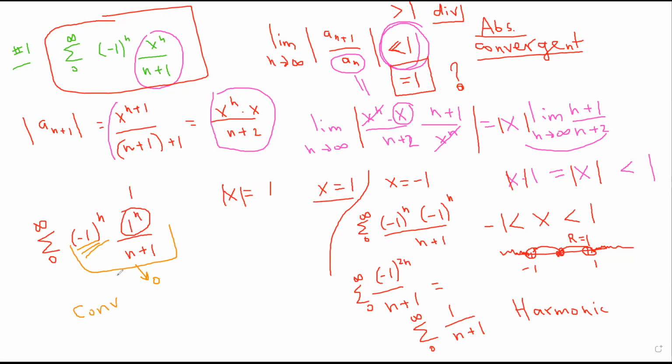Convergent. So my series is convergent at point 1. And when we have the other end, we get harmonic or divergent series, which means that my extra fact is here.